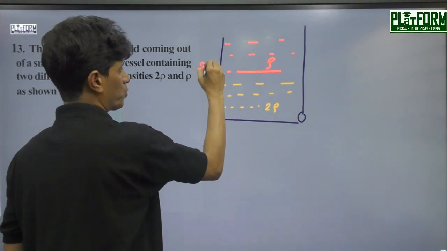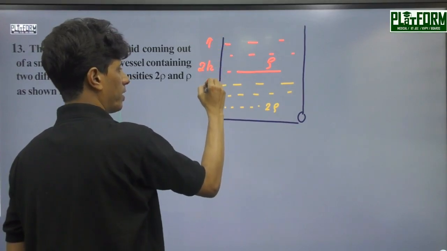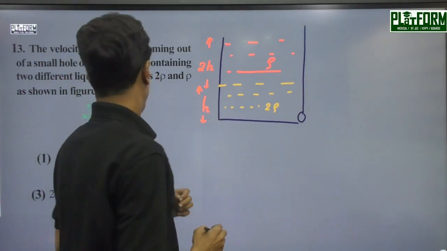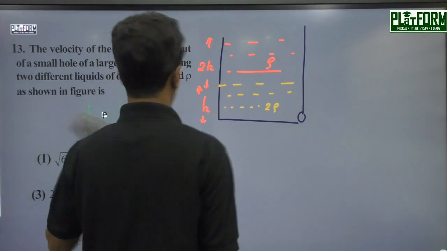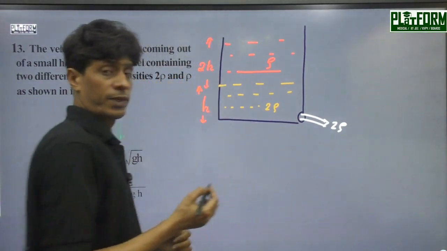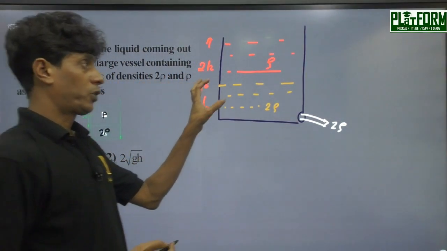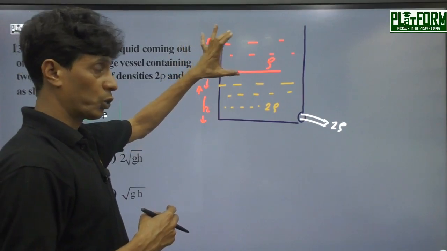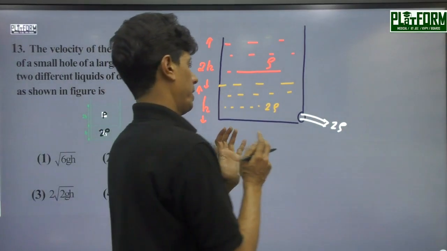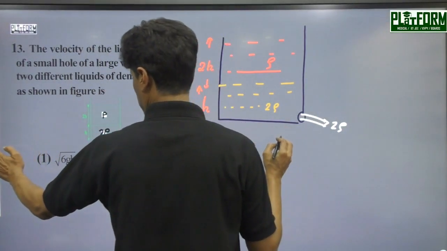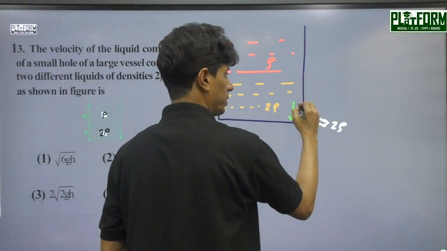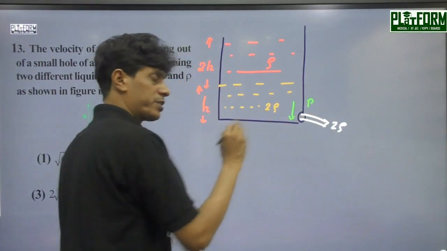Height of this liquid is 2h and height of the liquid of density 2 rho is h, and the liquid coming out from the orifice is of density 2 rho. So we have to convert the liquid of density rho into density 2 rho. Simply, don't apply Bernoulli's theorem in this problem.